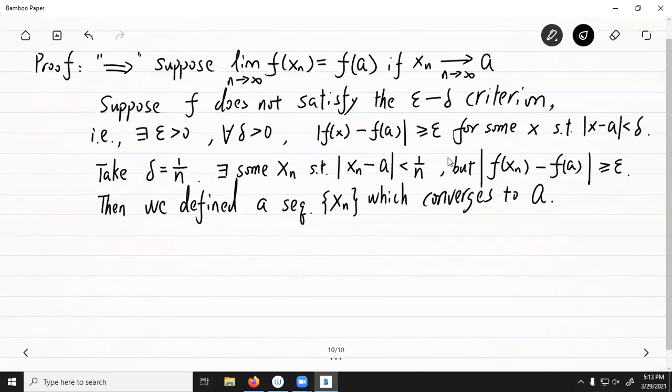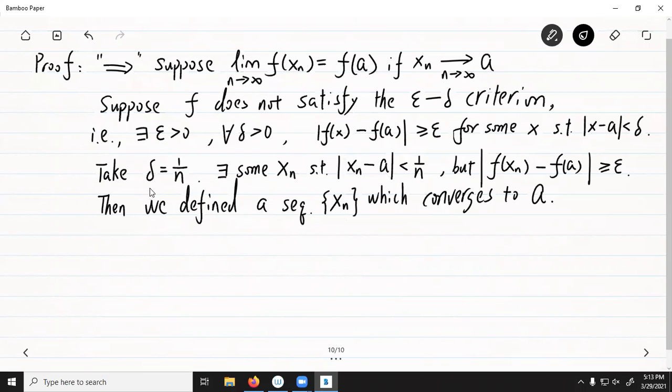When n is large, the right side will approach 0, so the left side will also approach 0. That means xn minus a will approach 0, so the limit of xn is equal to a.